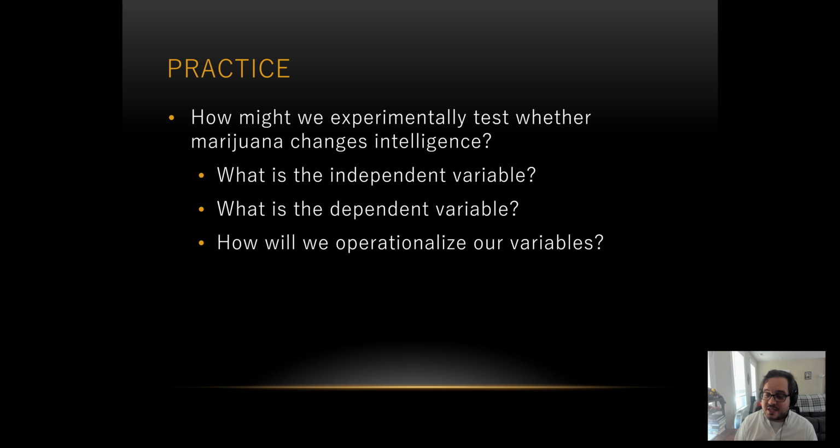In the case of THC, what you may want to do is, again, divide people up into an experimental and a control group. However, when it comes to things like drugs, things that you could administer in different dosages, it's often a good idea to include multiple experimental groups. So maybe you'll randomly assign people to have a relatively high dosage of THC or a relatively low dosage versus a control group.